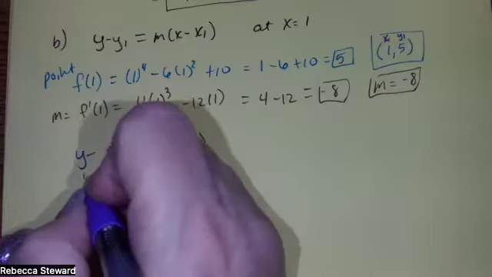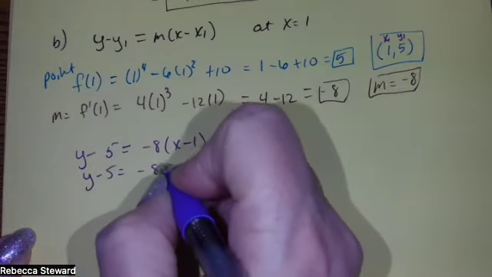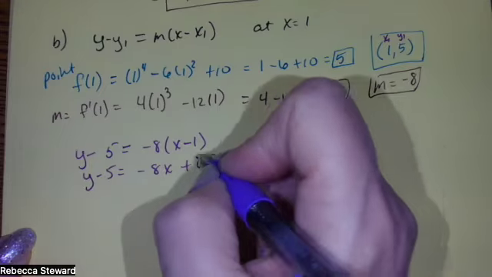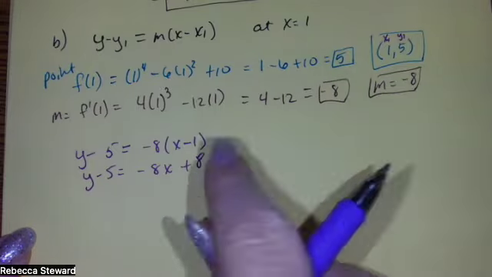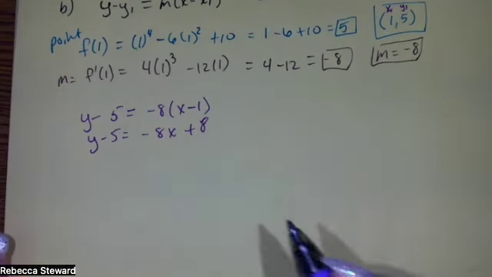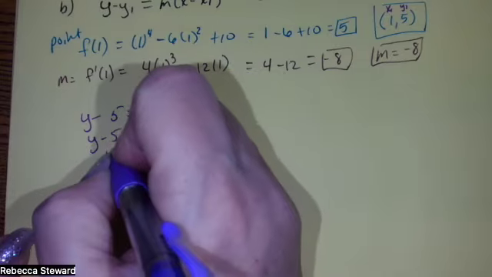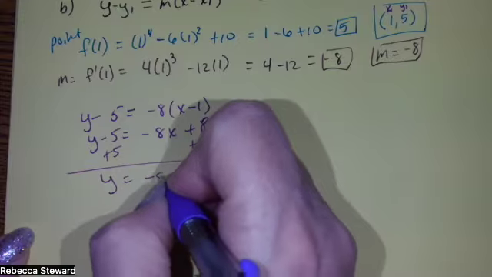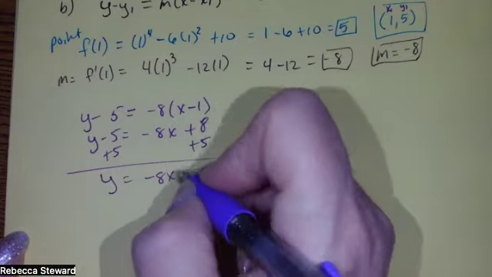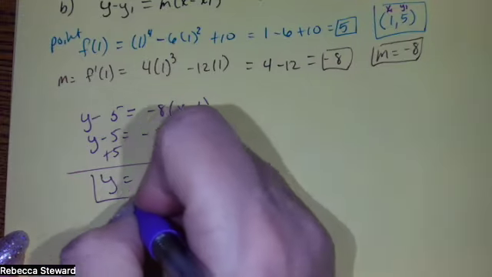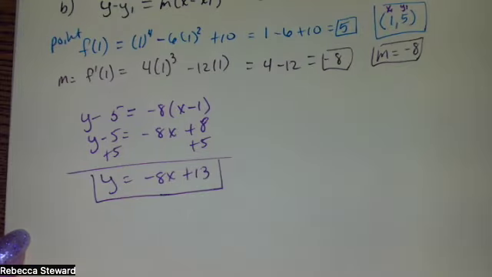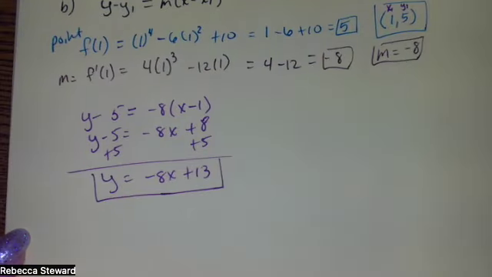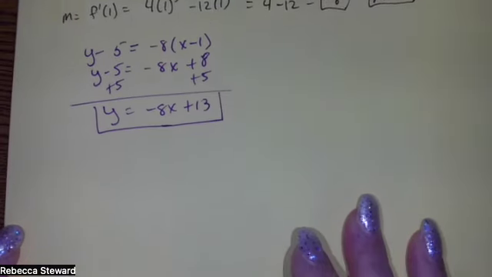All right, let's distribute. We have y minus 5 equals negative 8x plus 8. Using our algebra skills, now we're going to add our 5 to both sides. We get y is equal to negative 8x plus 13. So that is the equation of the tangent line at x equal to 1.